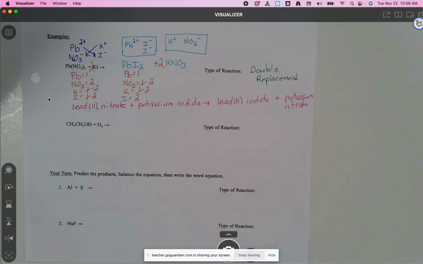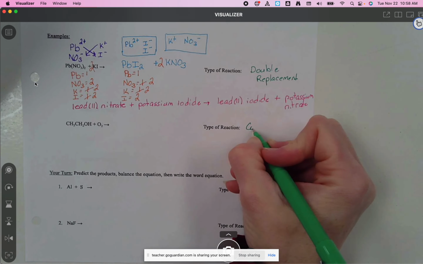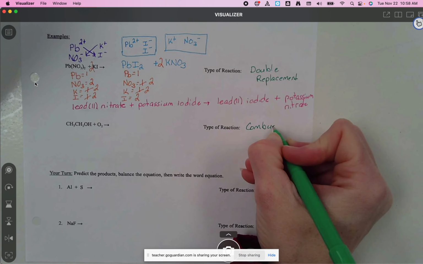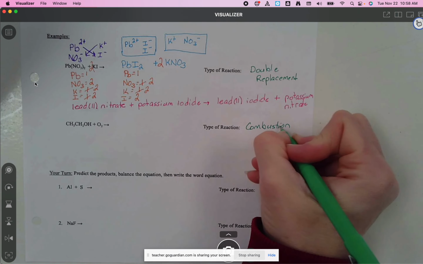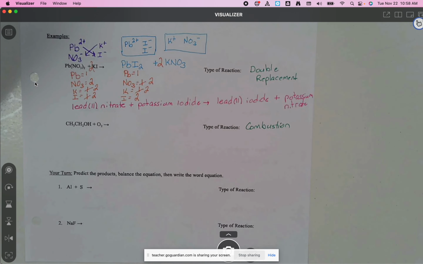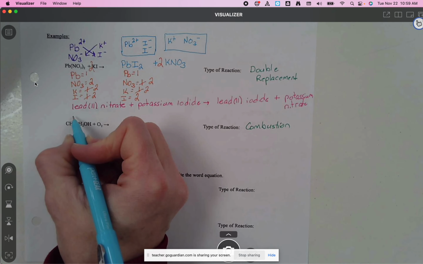So we need to look at our two reactants here. We need to make a decision. What type of reaction is it? So look in your notes. This one's a combustion. Combustion is actually the easiest type of reaction, and yet for some reason it causes more problems than any of the rest of them. These all follow exactly the same pattern.